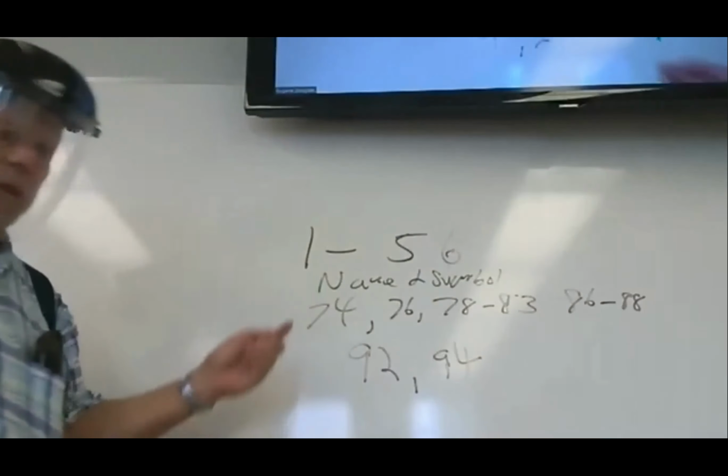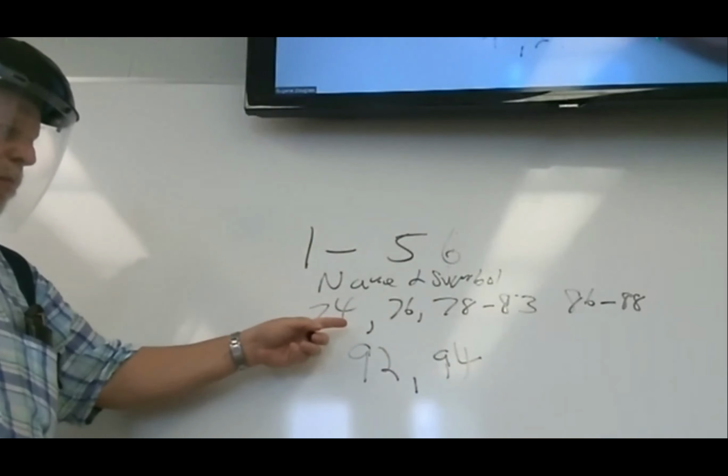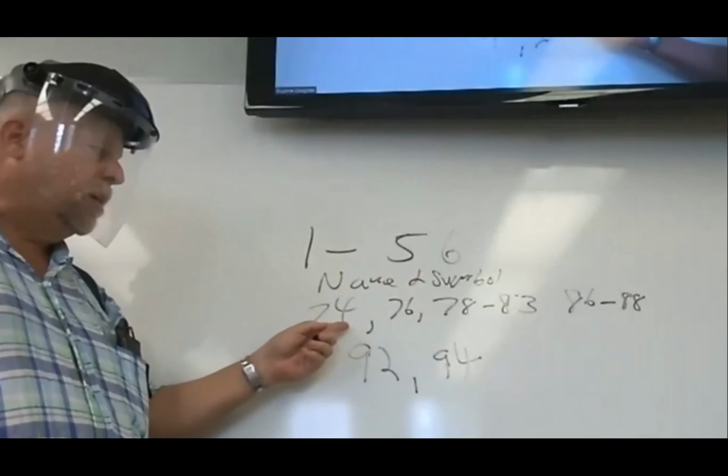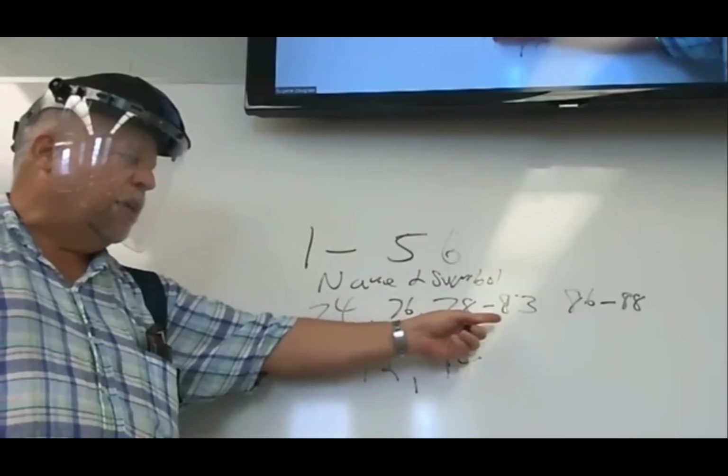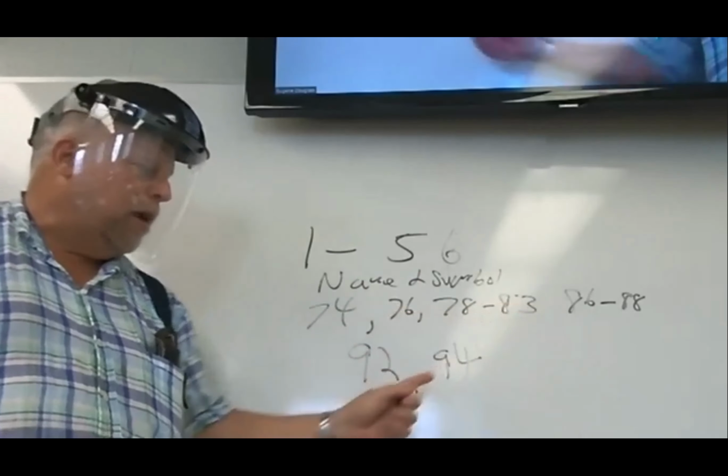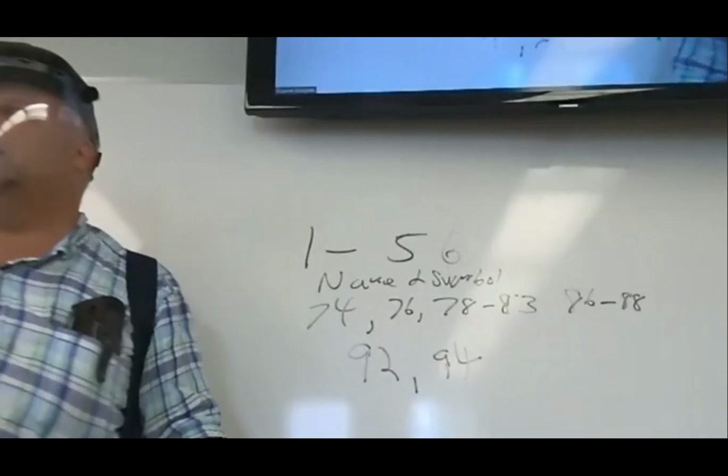Those I'd like you to work on the name and the symbol. So it's 1 to 56, 74, 76, 78 through 83, 86 through 88, 92 and 94.